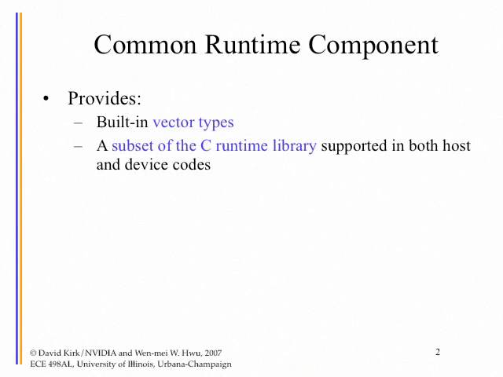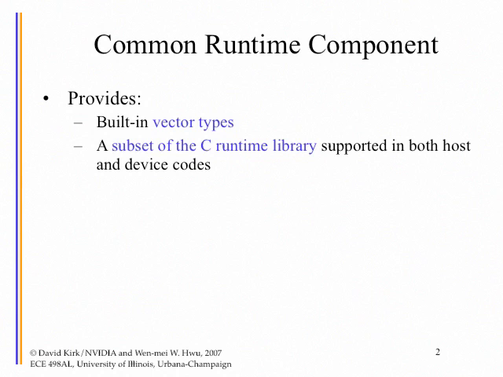So there are also some other common runtime components. One of them is the vector type, and there are some functions that can take vector types, like 2D or 3D data types, and simultaneously operate on all 3 dimensions.